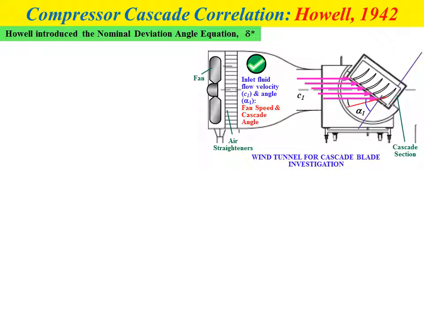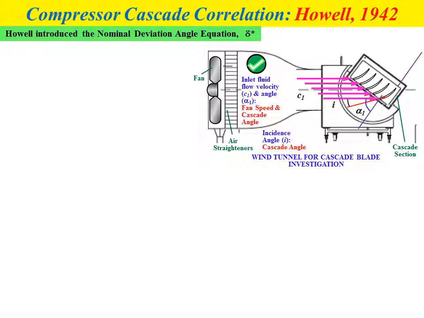Okay, the other parameter is i, the incident angle, which is the angle between the fluid flow velocity vector and the leading edge line. So we get the angle for the incident angle. The incident angle is also normally decided by the researcher or by the designer in the cascade blade investigation.